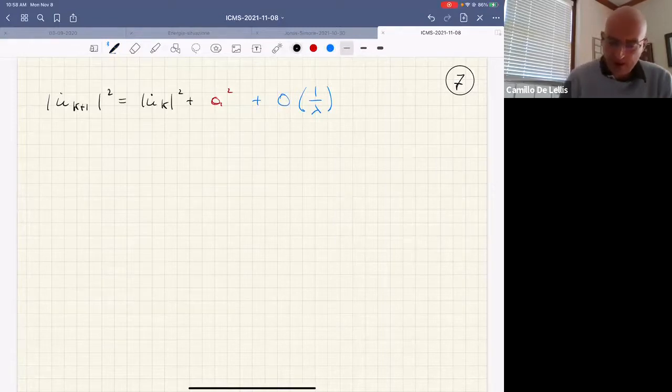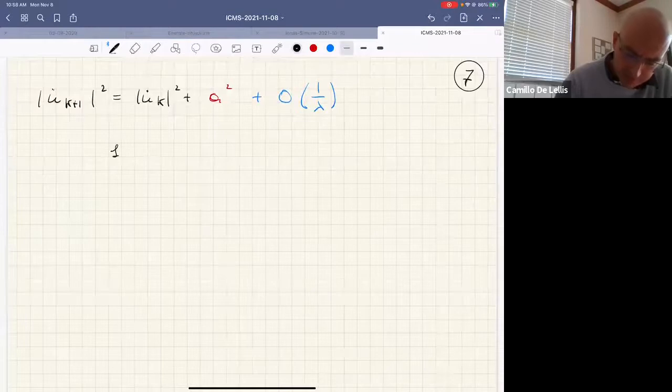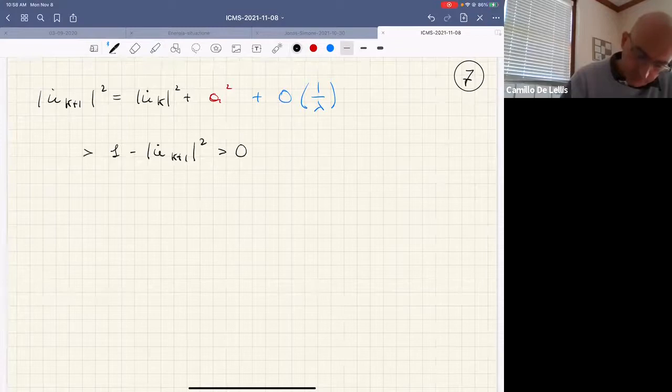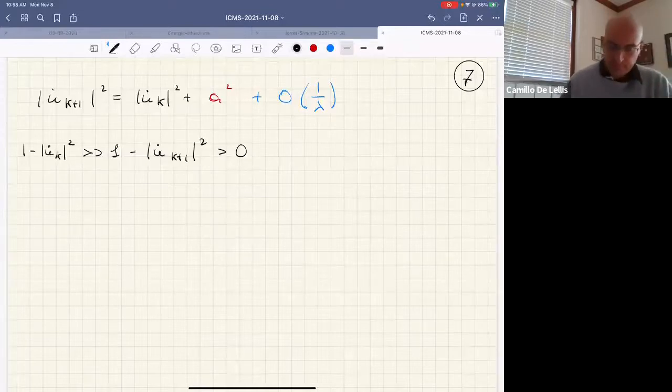Of course, once you have this, remember that what you wanted to achieve was a new element in your iterate, which is still positive, but with the property that this is much smaller than what you had before. Now you have the freedom of choosing a squared.